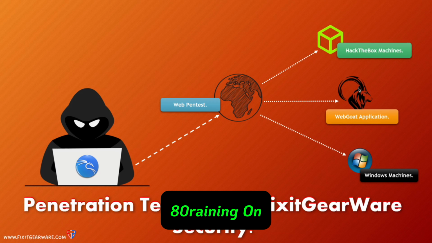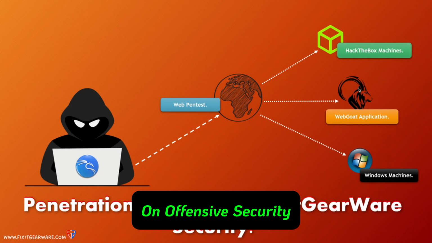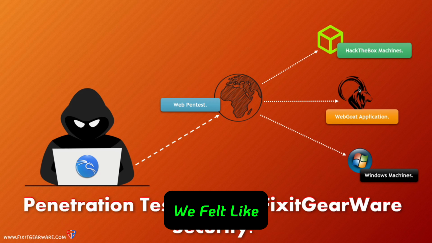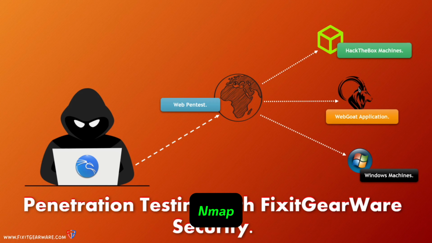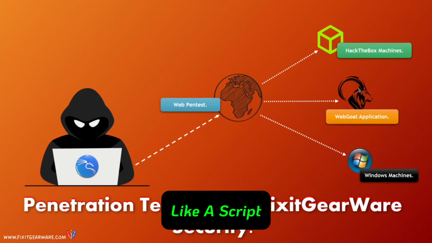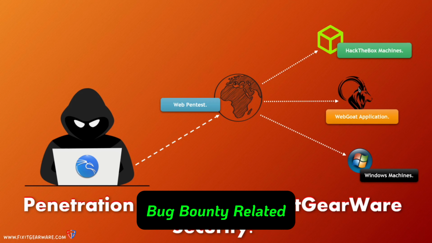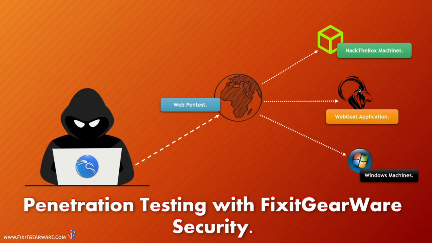It's not a training on Nmap, and also not a training on offensive security, but rather we felt it's very important that you know this basic concept of using Nmap, and not just employing this tool like a script kiddie when performing bug bounty related activities.